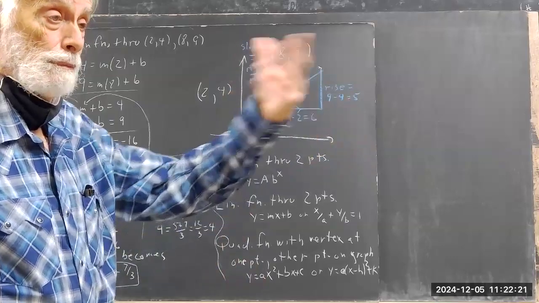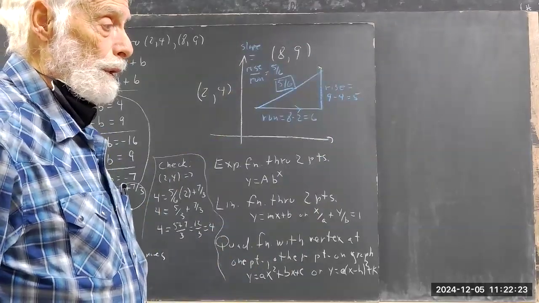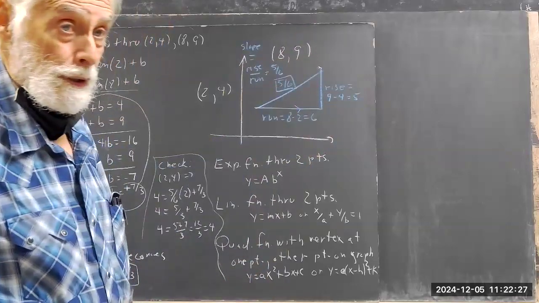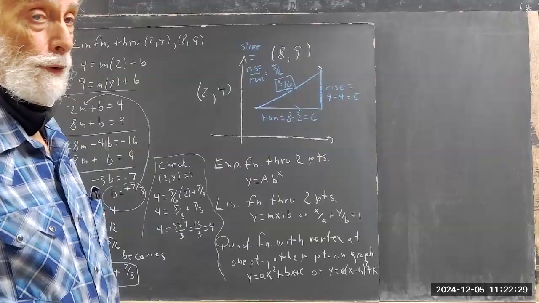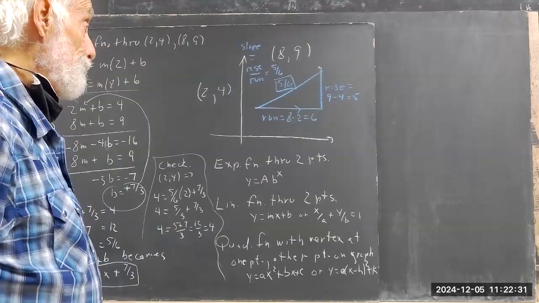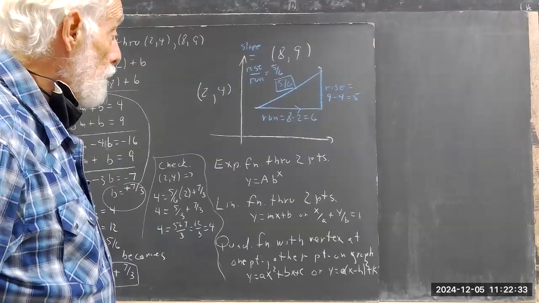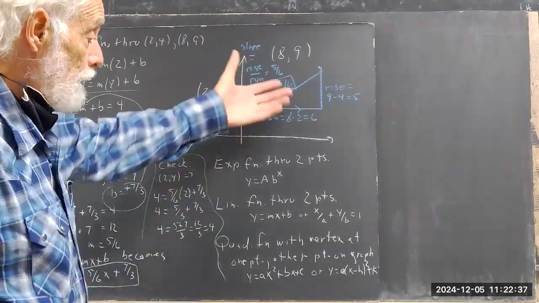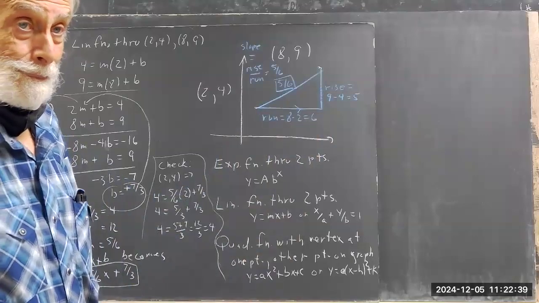And then you can use the definition of slope and so forth, which gives you the point slope form of the equation, as you use that. If I don't say how to do it, you can use anything.